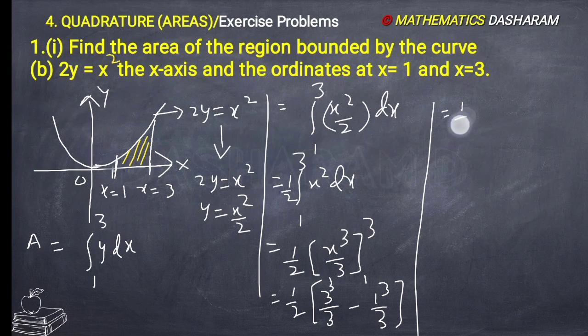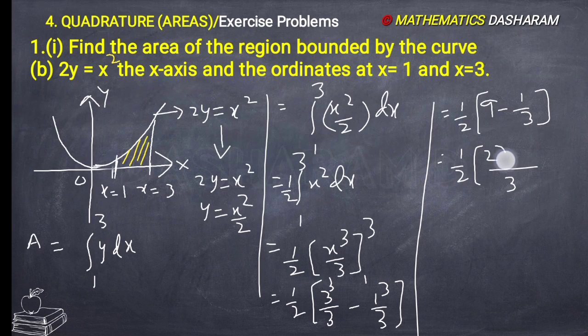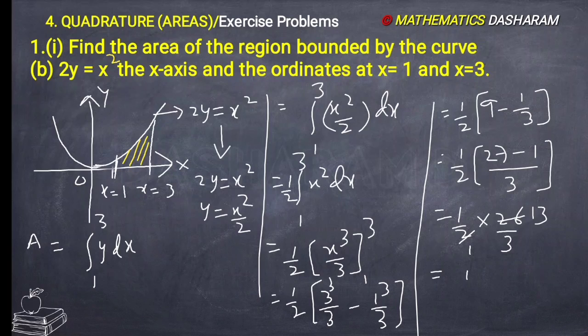So it equals 1 by 2 times, 3 cube is 27, 27 by 3 is 9, minus 1 by 3. Here 3 is the LCM, 3 nines are 27 minus 1, so 26 by 3. 2 ones are 2, 13 threes, so 13 by 3 square units.